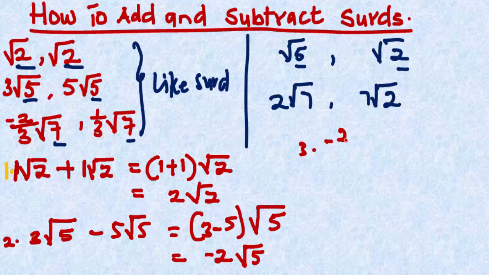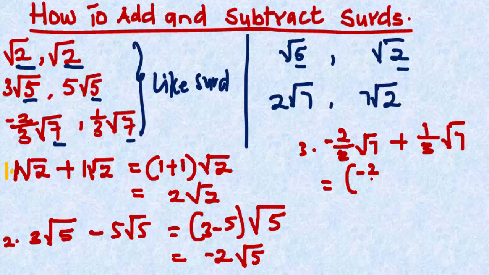The last one, let's check on the last one. We have negative 2 over 3 root 7 plus 1 over 3 root 7. In this case, we add the numbers outside the root. So we have negative 2 over 3 plus 1 over 3, then we multiply by the like surd, root 7.